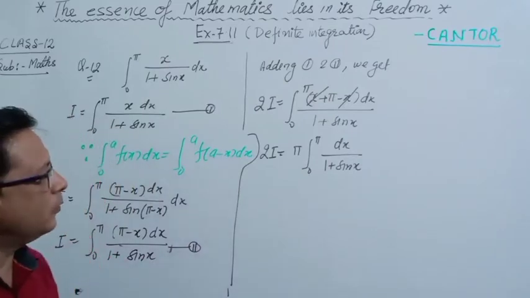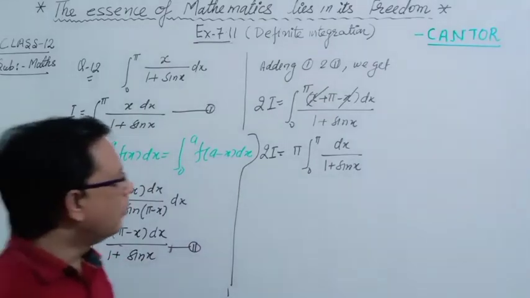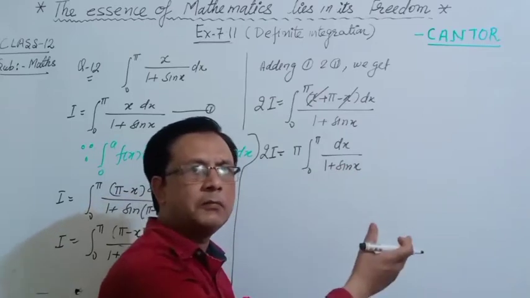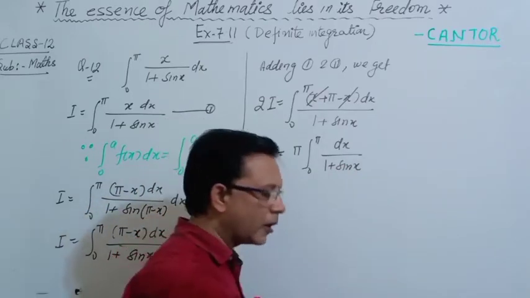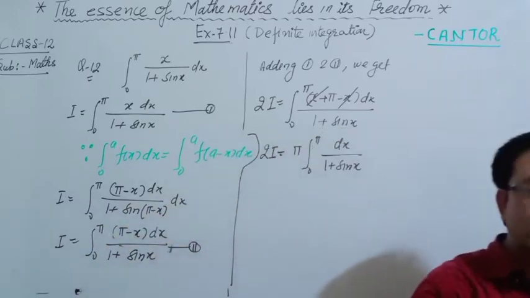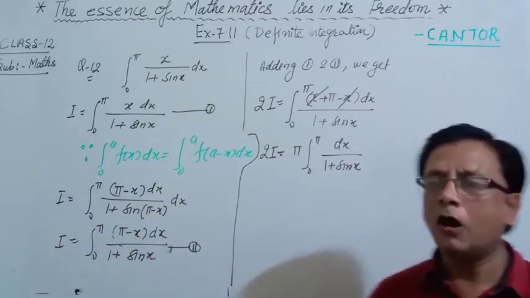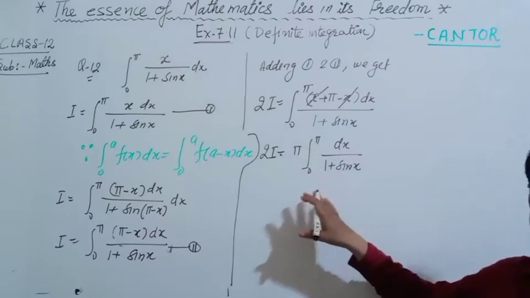A very good method for this question: for 1 plus sin x, 1 minus sin x, 1 plus cos x, 1 minus cos x, there are many types of question like sec x plus tan x, and all the process is the same. Listen again.